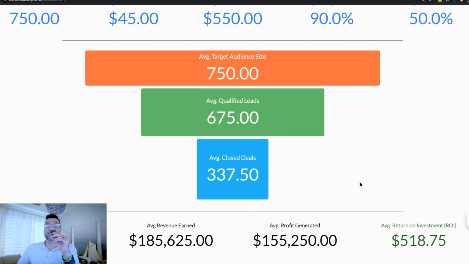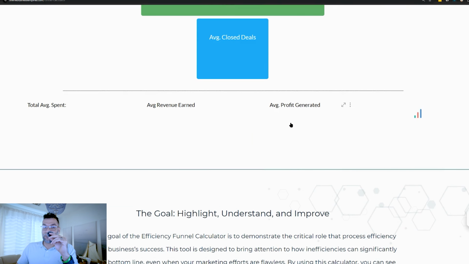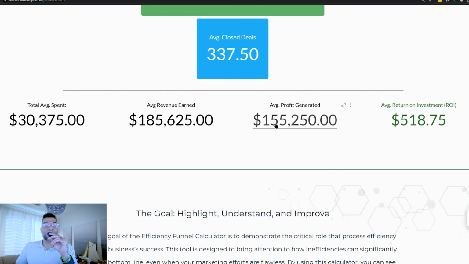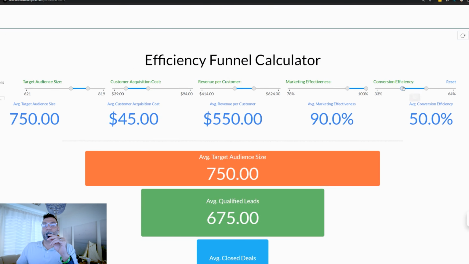We're able to see that our ROI almost doubles. We're able to close a lot more deals. And of course, our revenue increases, our profit generated increases dramatically just by those few points that we're able to increase our efficiency.